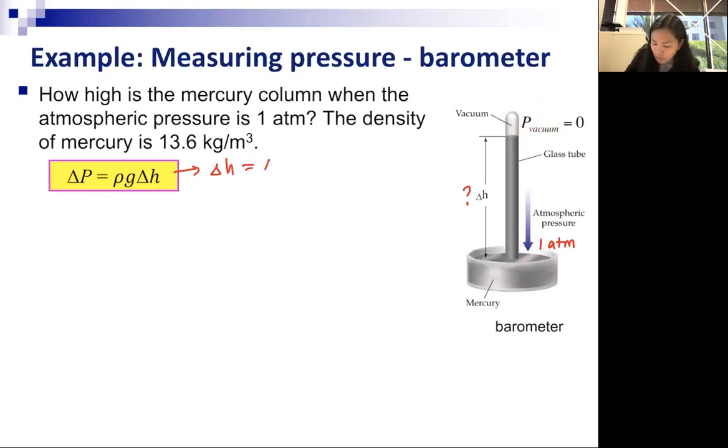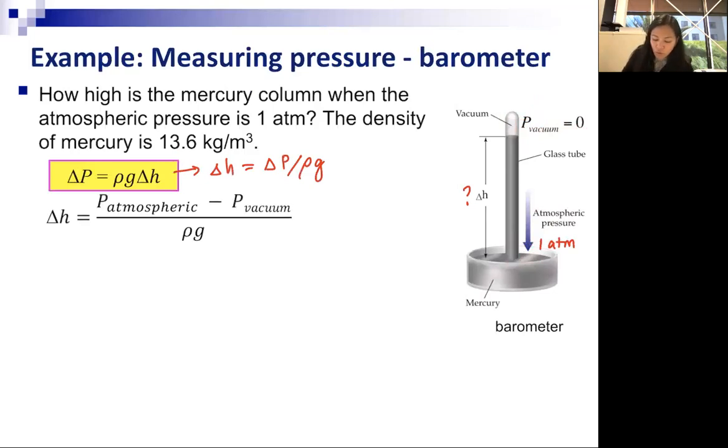So delta H equals the pressure difference divided by density times gravitational acceleration. The change in height will be the pressure difference between the atmospheric pressure and the pressure in the vacuum, divided by the density times gravitational acceleration.